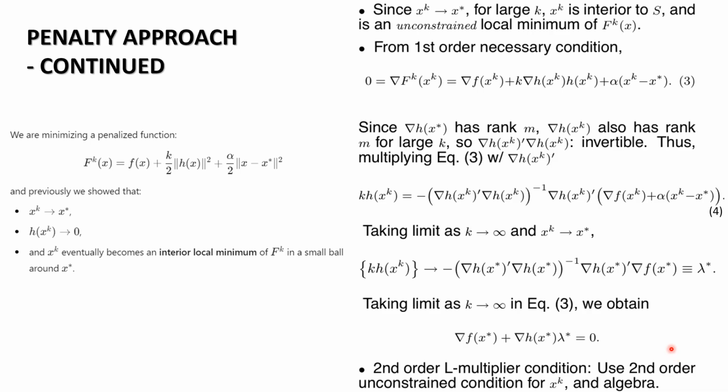We can summarize that minimizing a penalized function f_k yields iterates x_k to x star. Using the unconstrained first order optimality condition, we can derive this condition, and the penalty method proves the existence of Lagrange multiplier lambda star, satisfying the Karush-Kuhn-Tucker condition.